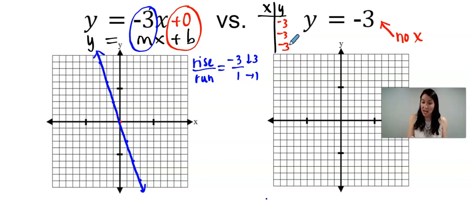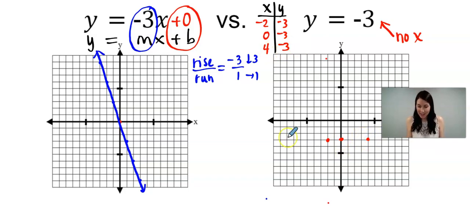So I could put an x value of -2, or I could put an x value of 0, or I could put an x value of 4. Let's graph those points and see what that would look like. The point (-2, -3) would be located here. The point (0, -3) would be located here, and the point (4, -3) would be located right here.